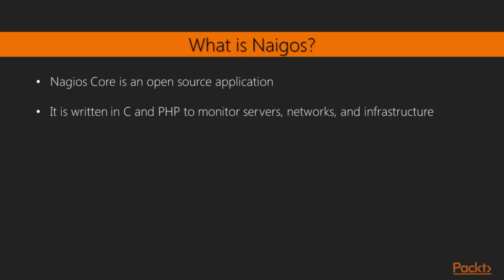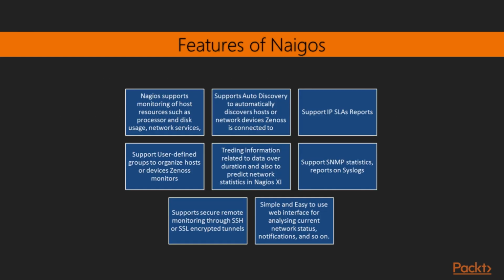What is Nagios? Nagios Core is an open source application written in C and PHP to monitor services, networks, and infrastructure. Let us get to know more about some of the important features of Nagios. First feature is it supports monitoring of host resources. Secondly, it supports auto-discovery, which means it automatically discovers host or network devices Nagios is connected to.